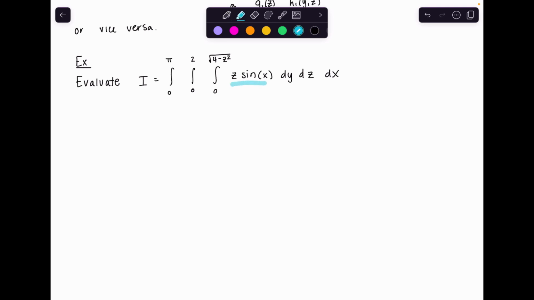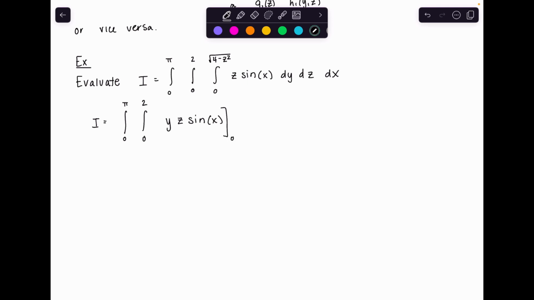So even though this inside separates, I can't separate yet because I don't have all constant bounds. I need to actually go through this first integral. So we can go ahead and take the first antiderivative at least. This has absolutely nothing to do with y, so its antiderivative is y times z times sine of x.